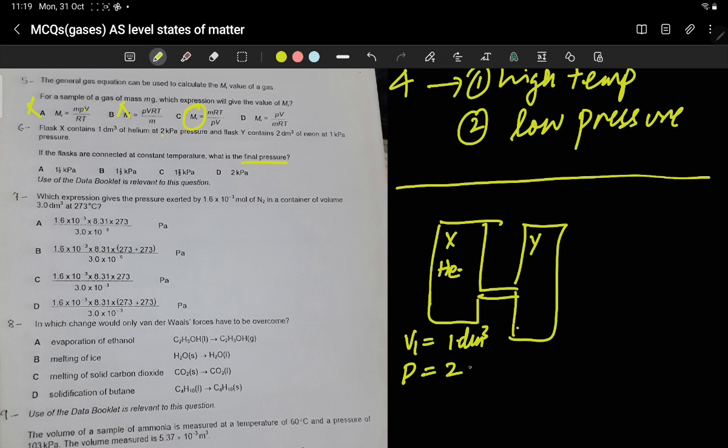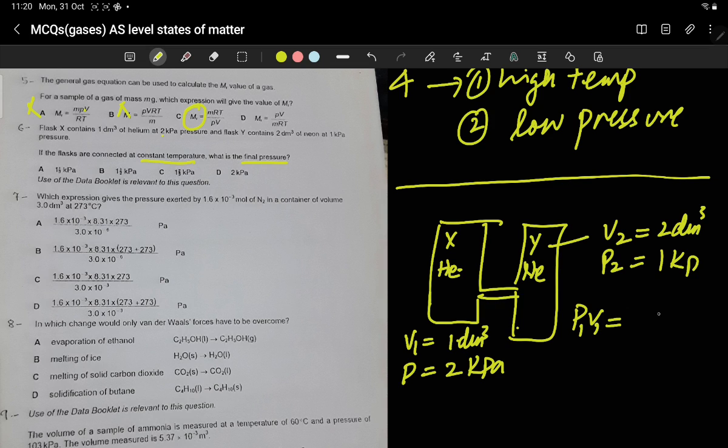Y contains neon gas, and in this flask volume V2 is equal to 2 dm cube, and pressure is 1 kilopascal, while temperature remains constant. When temperature is constant we use the expression P1V1 is equal to P2V2.